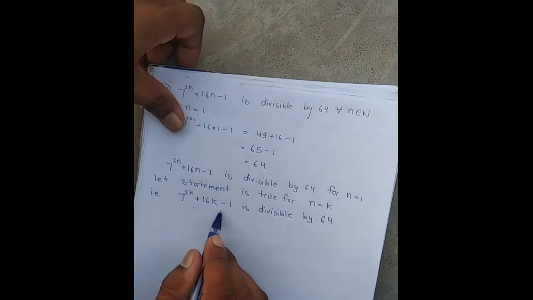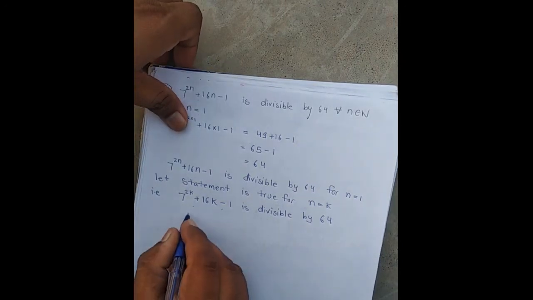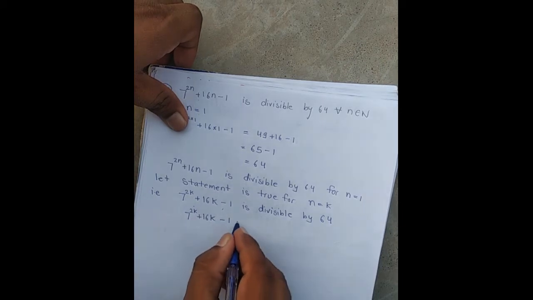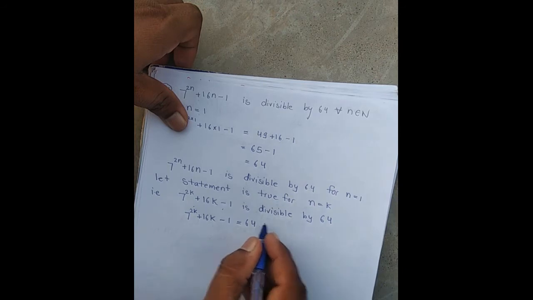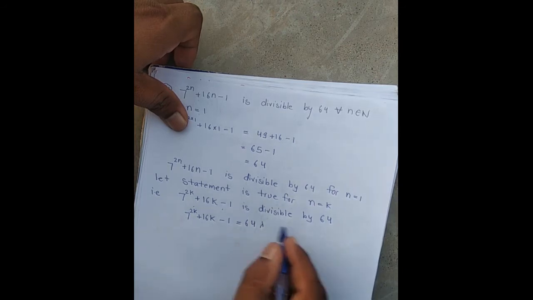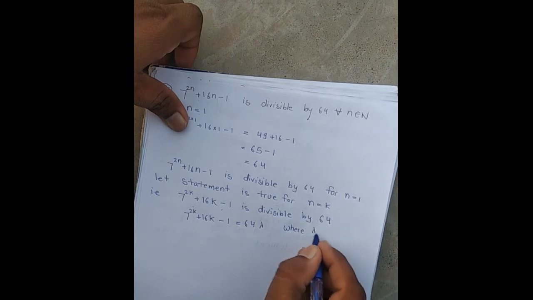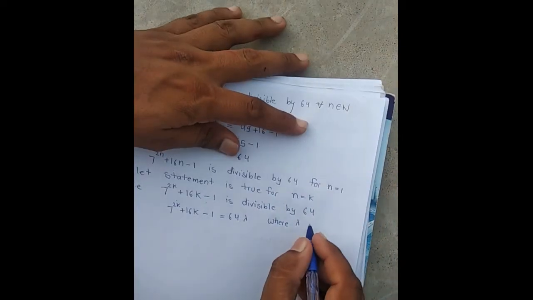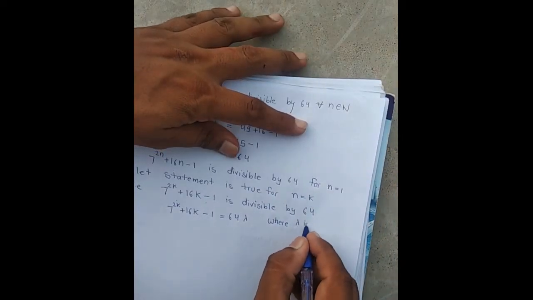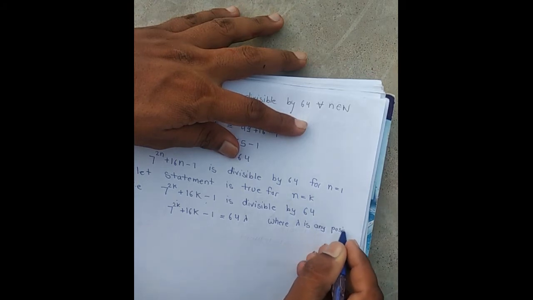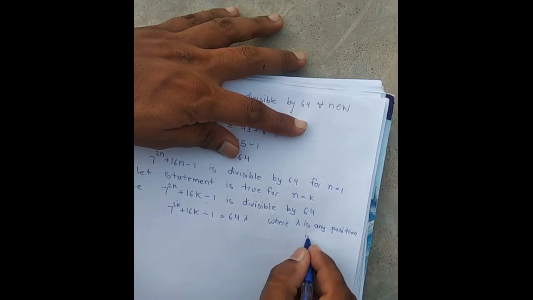Now if this term is divisible by 64, then we can write 7 to the power 2k plus 16k minus 1 is equal to 64 into lambda, where lambda is any positive integer.